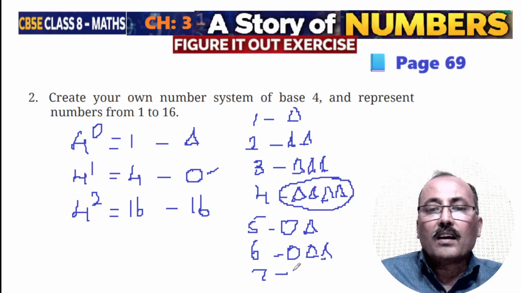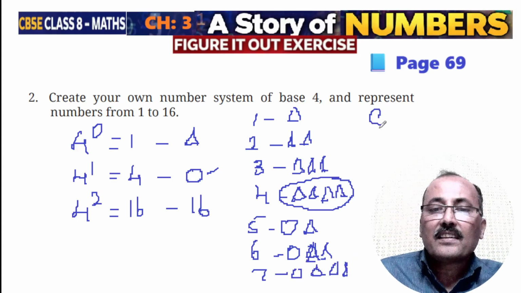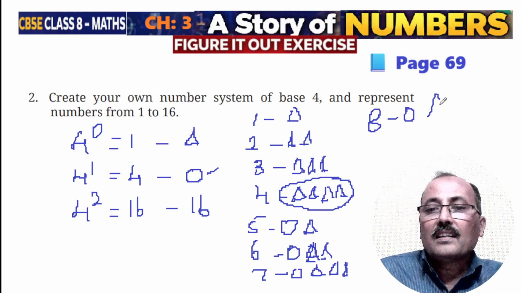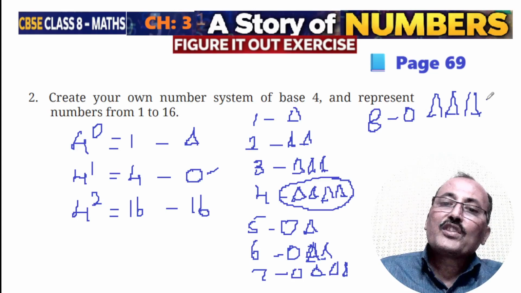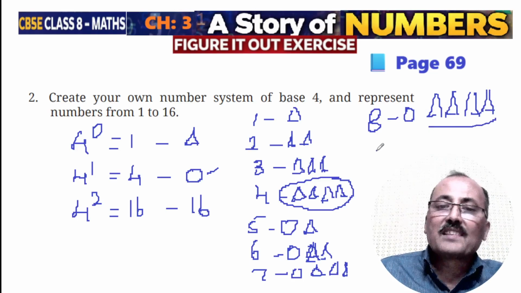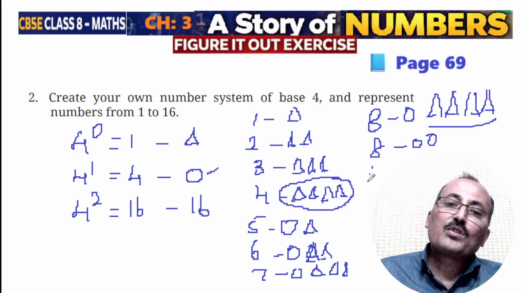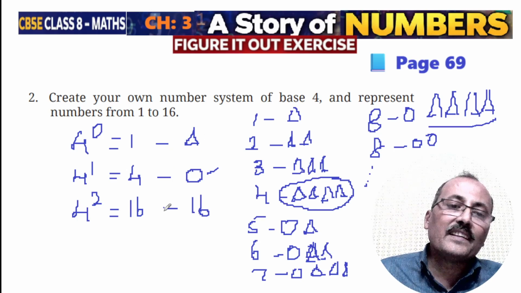7 looks like 1 circle, 3 triangles. Then 8: instead of writing 4 triangles, I have to write a double circle. For 8, it is 2 circles. Like this, we should go on writing using these symbols.